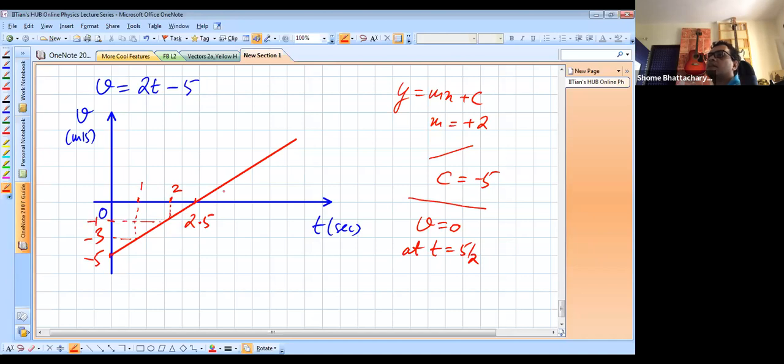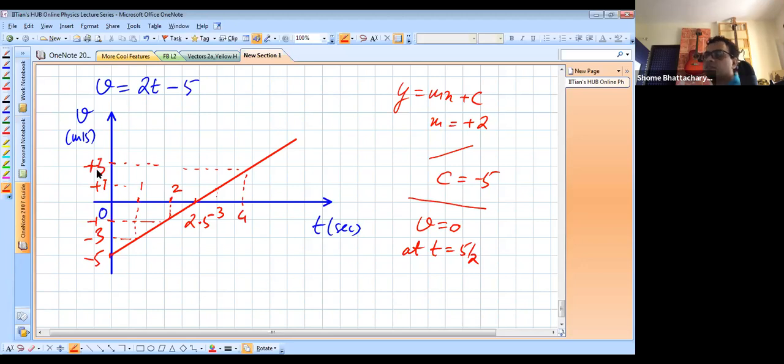You can also see that at 3 seconds, for example, the velocity would have become positive. It will be 6 minus 5, so it will become plus 1. Then similarly, at 4 seconds, the velocity will become a larger positive value. It will be 8 minus 5, so that is plus 3.